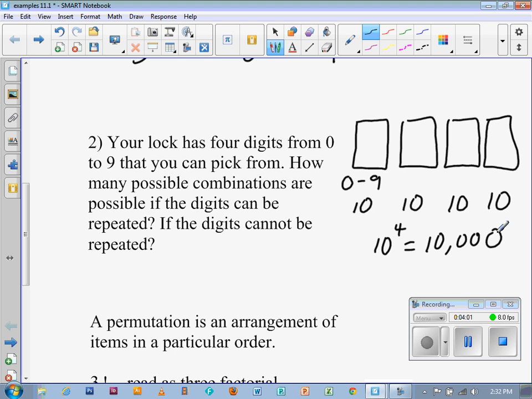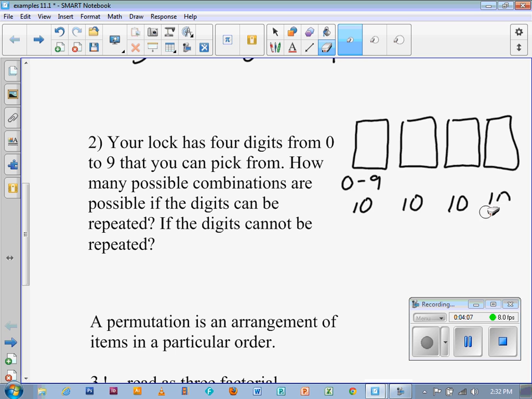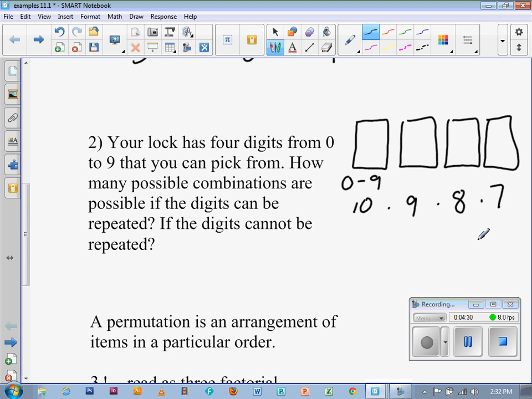If you cannot repeat the digits, then this is how that changes things. We have 10 options for the first dial, but now we only have 9 options for the second dial. The reason is that if we select a number, for example 4, we cannot use 4 in the second location. Now if we pick 2 numbers, then of course there's going to be only 8 options for the third and 7 options for the fourth.